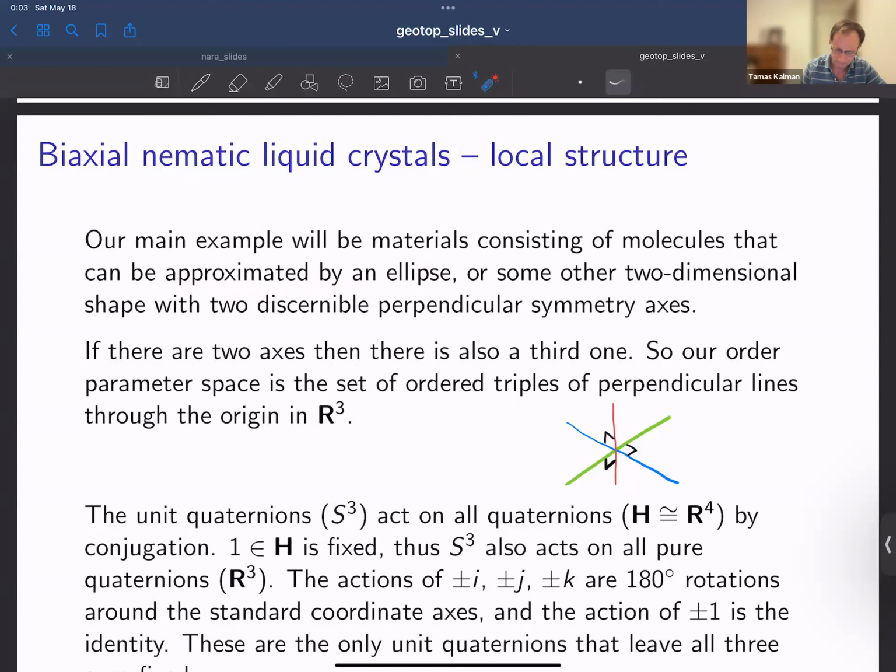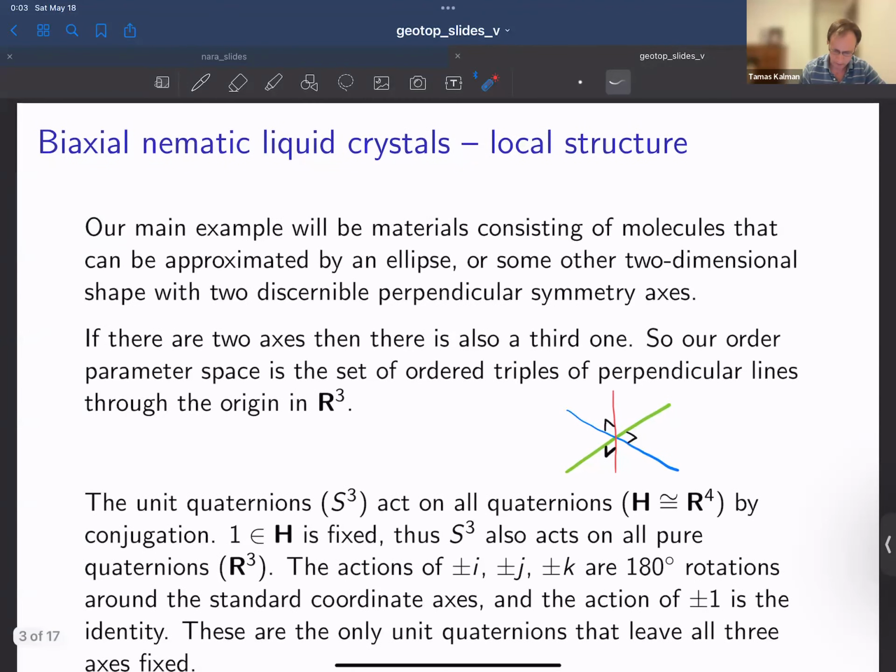In particular, it has two perpendicular symmetry axes, the molecules do. So you can think of them as kind of being flat, but not circular, rather more like an ellipse with those two symmetry axes. Now, to say something super basic about this kind of system, when you have two of those symmetry axes, then you also get one more for free. The third axis is just going to be perpendicular to the first two.